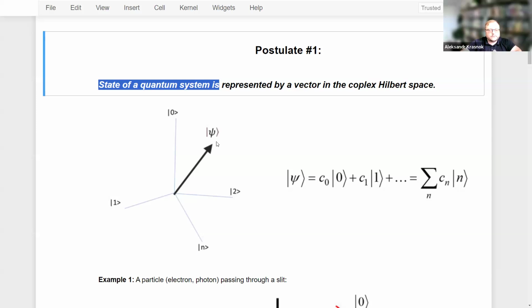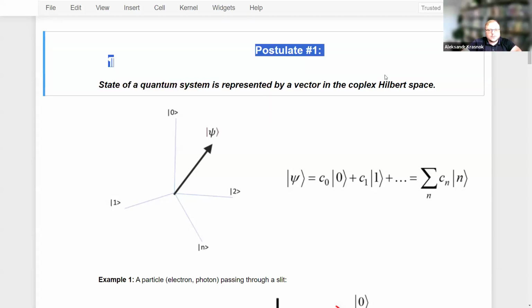If you ever watch intro lectures about quantum mechanics, people usually start with this statement that it's not possible to understand how it works.